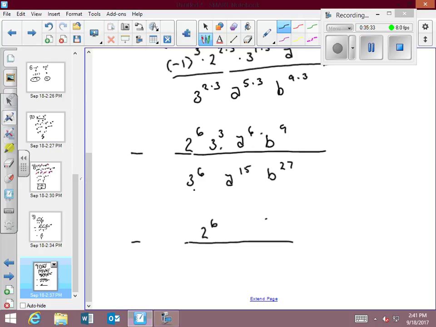If you took it to the numerator, you'd have 3 to the minus 3, wouldn't you? 3 minus 6. But you can leave it in the denominator and just go 3 to the 3rd, combining those two terms. Is that right?